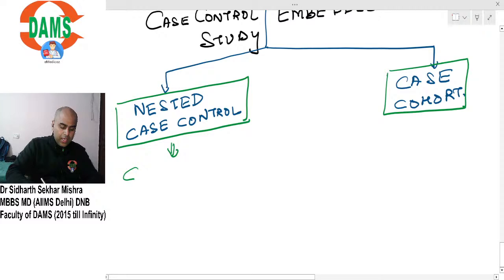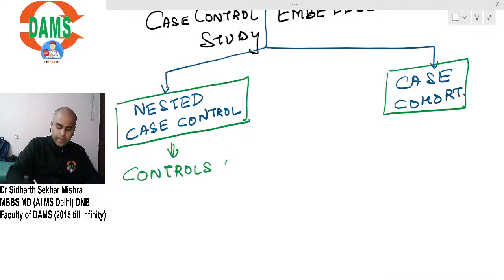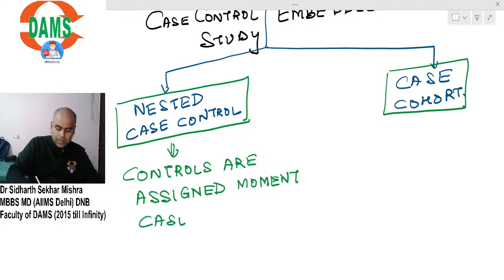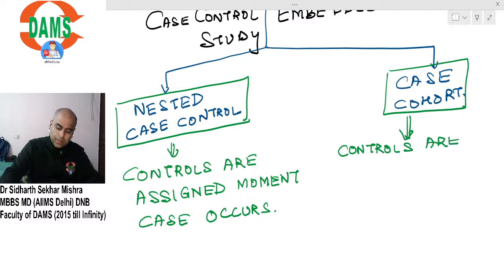In which the controls are assigned the moment a case occurs. Whereas in a case cohort, the controls are assigned at the end of the study.